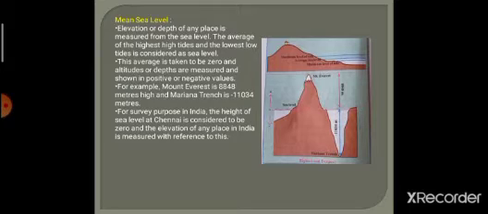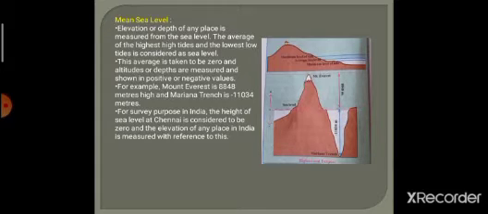The landforms which are above or on the land are measured in positive numbers, and the ones which are under the water are measured with negative numbers.